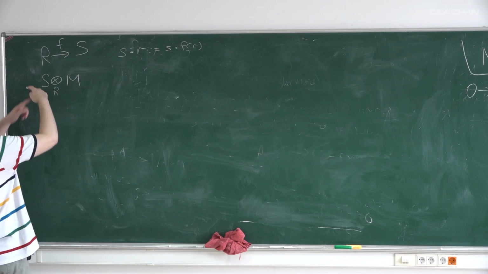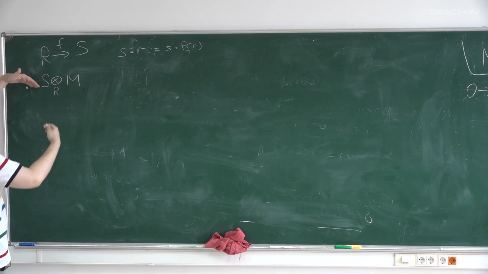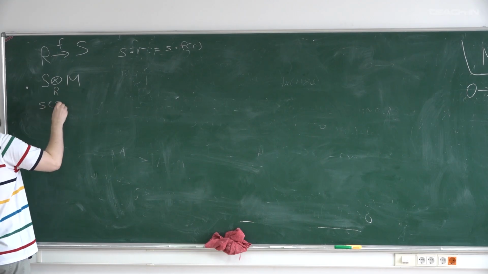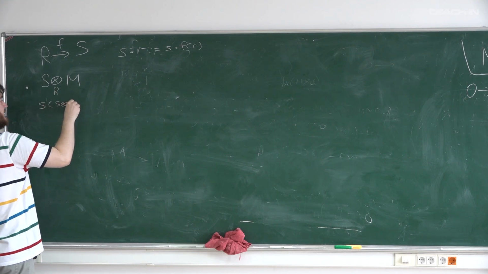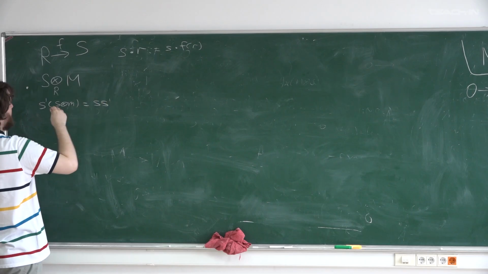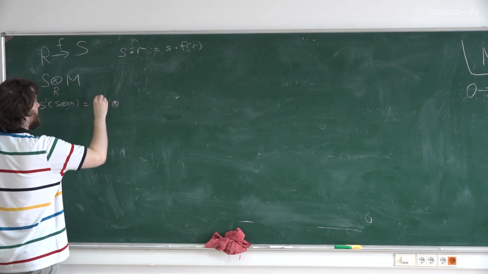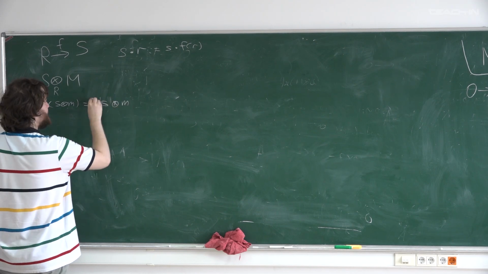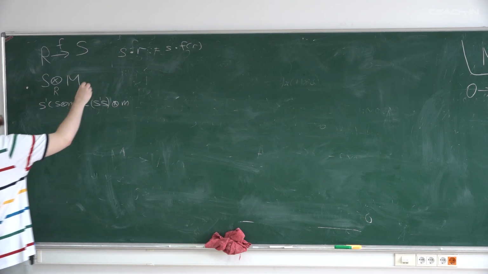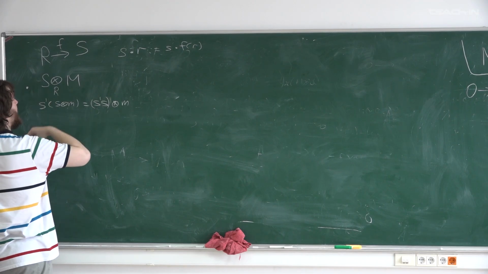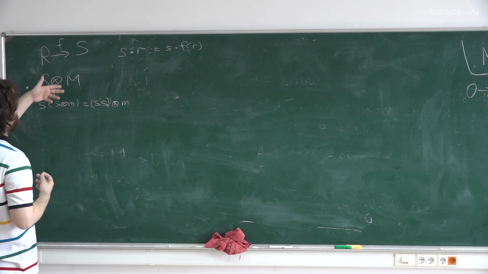Then on this thing, I have a left S module structure by the multiplication on S from the left. So this is a left S module, and I claim that this left S module is projective if M is projective.